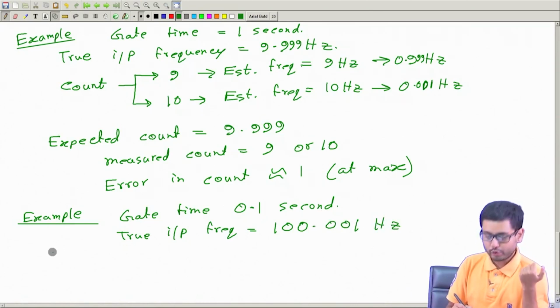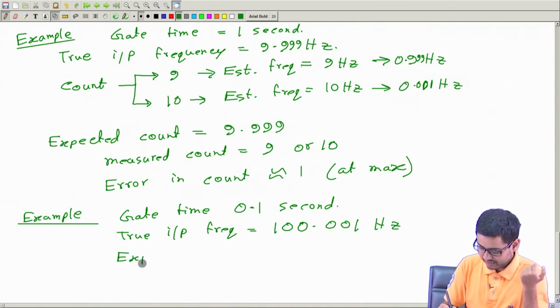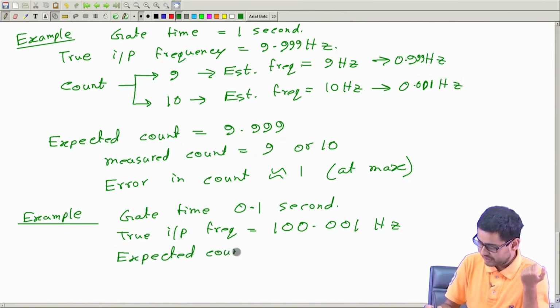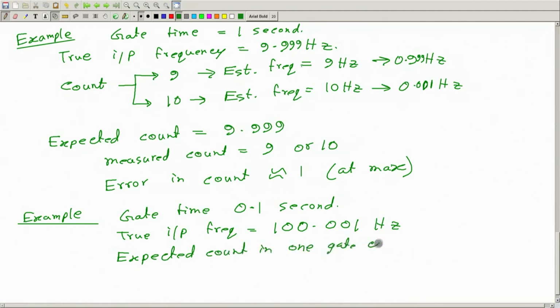So, how many counts do we expect in one gate time? Expected count in one gate cycle is how much?